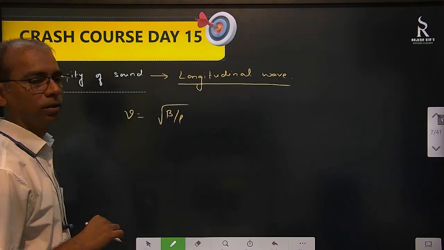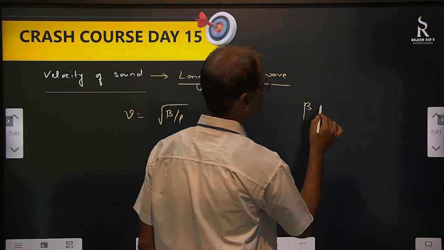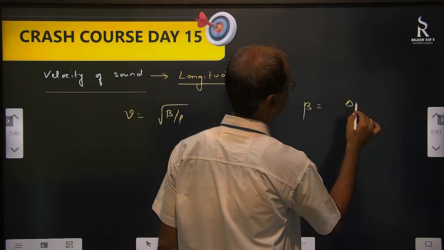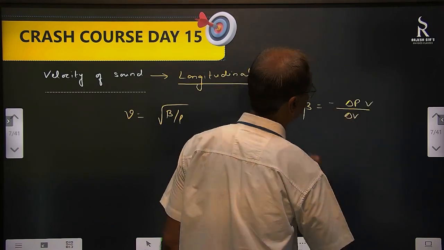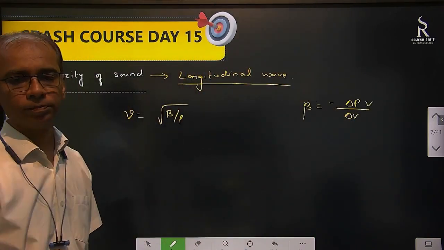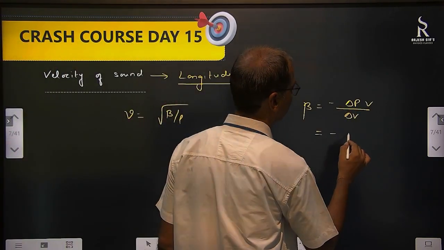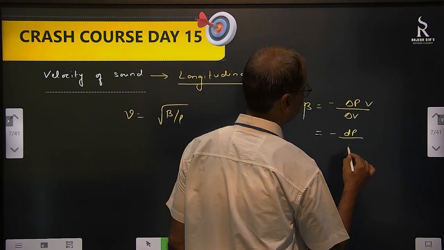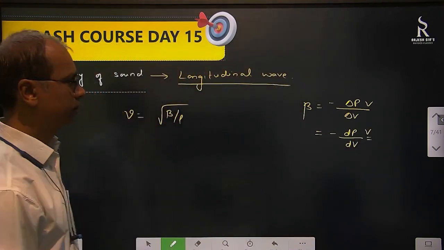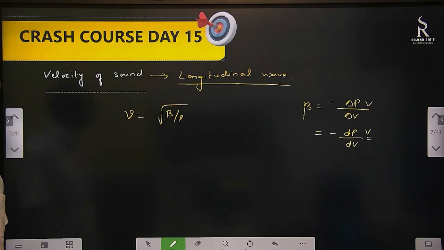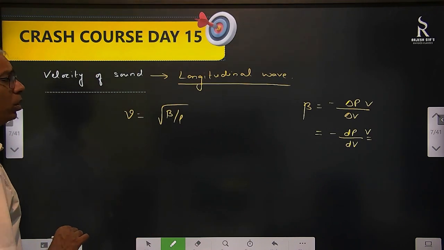Now, what is beta? We have studied, it was something like delta P by delta V by V, with a negative sign. What is it? Volumetric stress to volumetric strain. We can write this also as minus dP by dV into V. Then what more can we do?